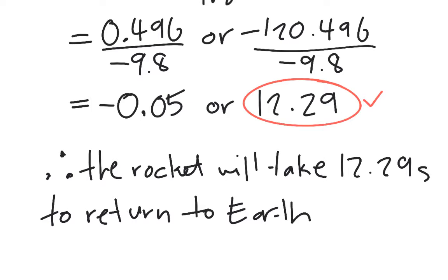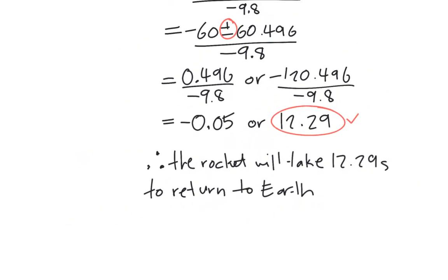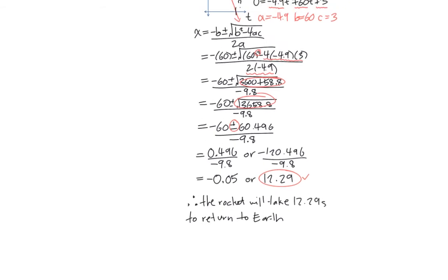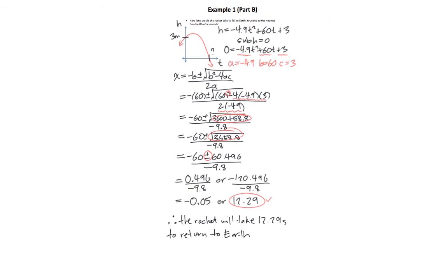As you can see, it is very important to do a sketch and make sense of your situation because, as you know, sometimes both x-intercepts do not have an actual meaning in real life.